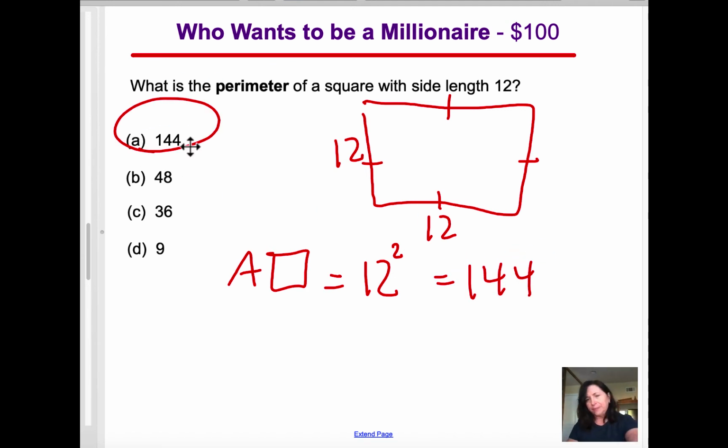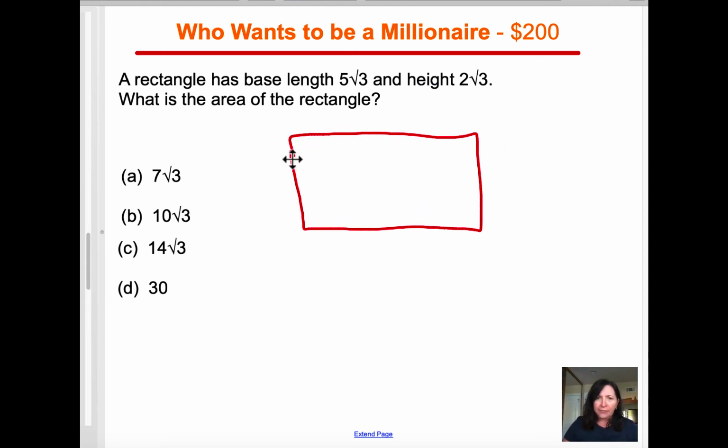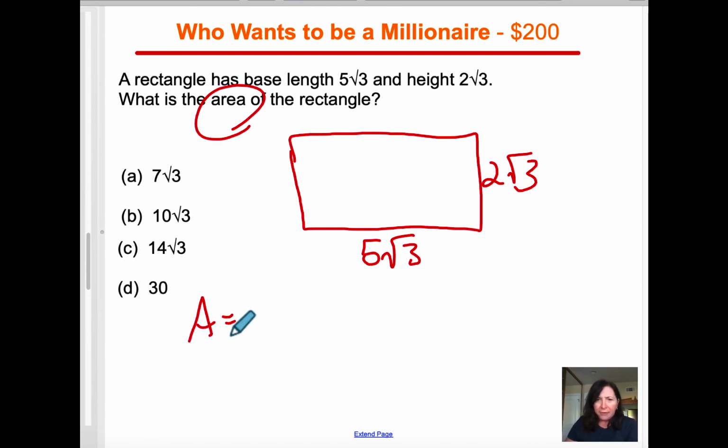A is our answer. Next question says the rectangle has a base length of 5 root 3. So rectangle's base is 5 root 3. The height is 2 root 3. So find the area. So the area of a rectangle is base times height. So it's going to be 5 root 3 times 2 root 3.